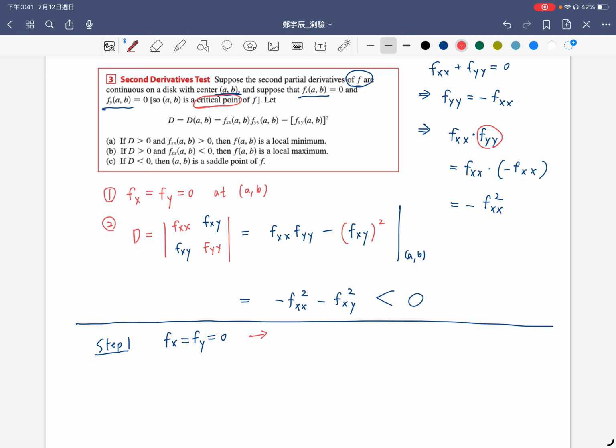The objective is to find the critical points. After we have that, the second step is to find D, the determinant. We write fxx and fyy on the diagonal, and fxy on the other.